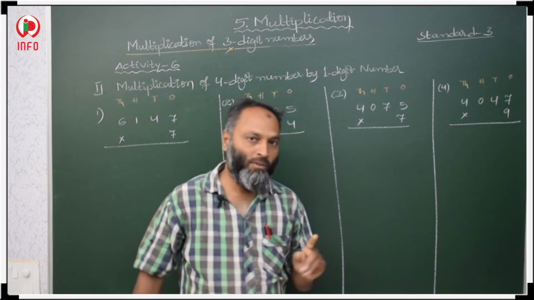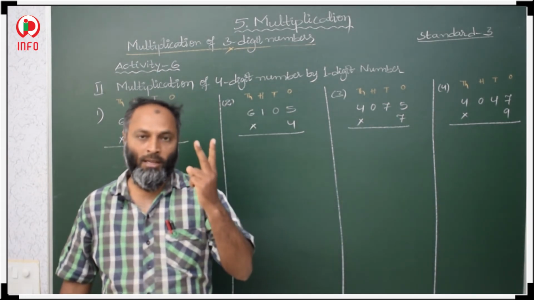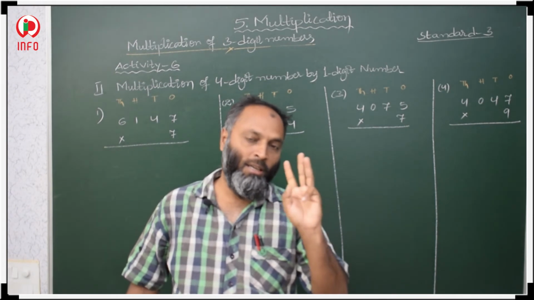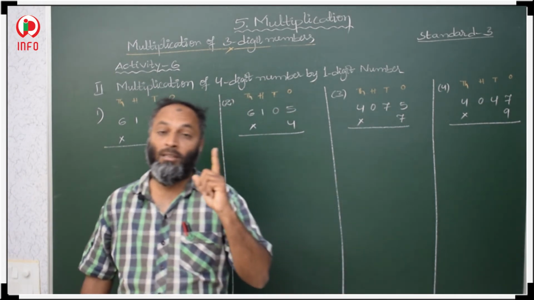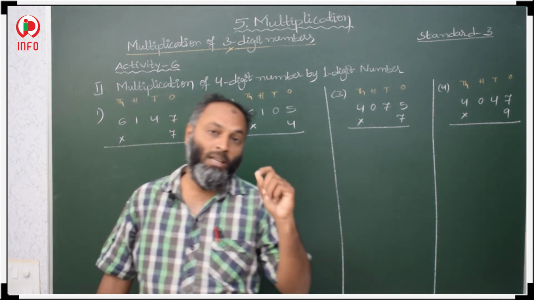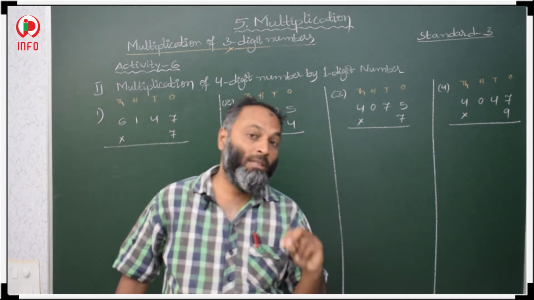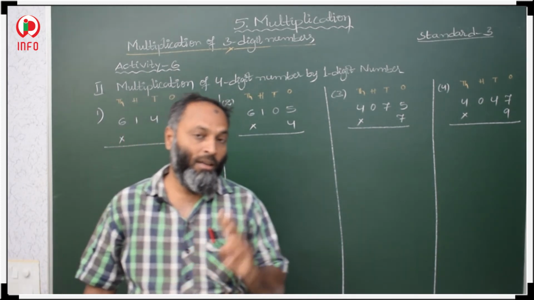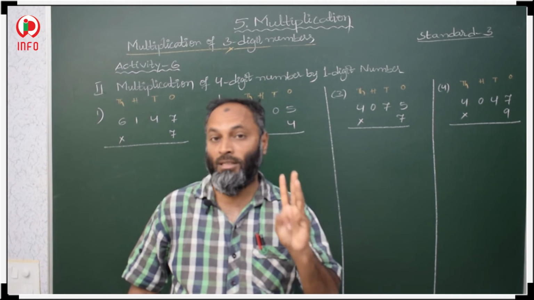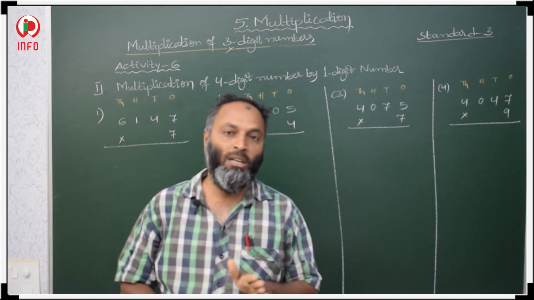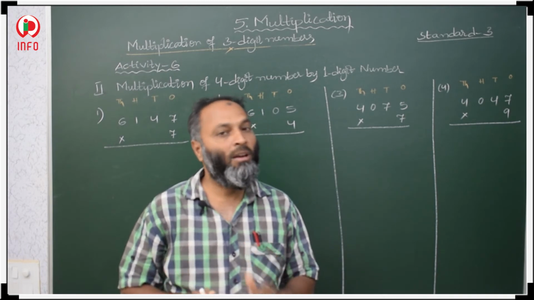These 3 things we know: one is multiplicand, the other one is multiplier, the third one is product. The product means whatever the answer after multiplying, that will be your product.